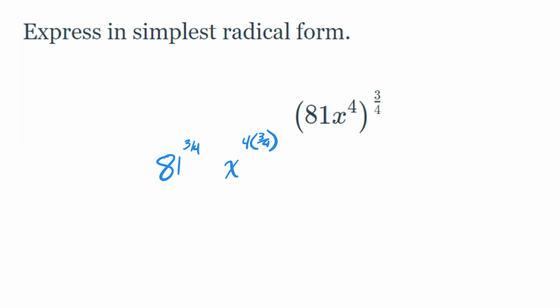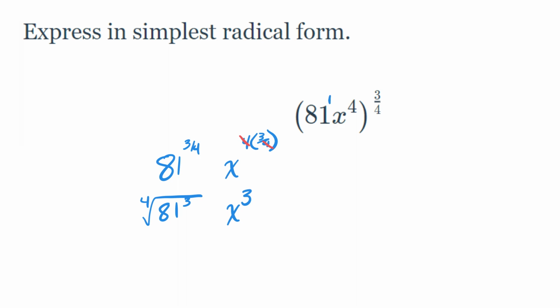Because remember, we're multiplying their powers together, and the 81 technically has a power of 1 here. So if we're taking a look at this, the 81 in radical form would be a 4th root 81 to a 3rd power. So this right side, 4 times 3/4, the 4s are going to cancel. So this is just going to be x to the 3rd power.